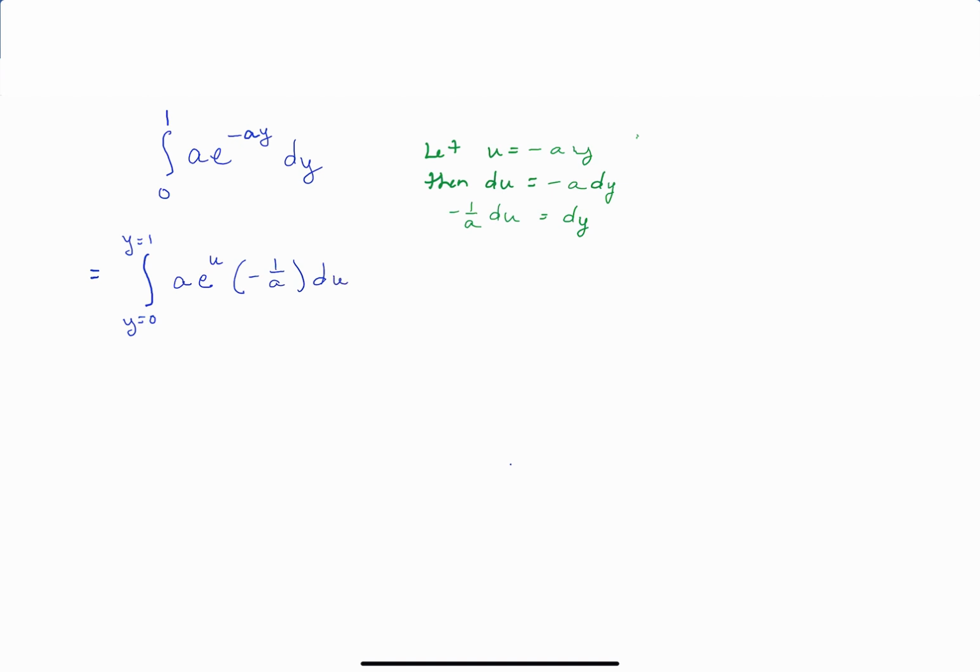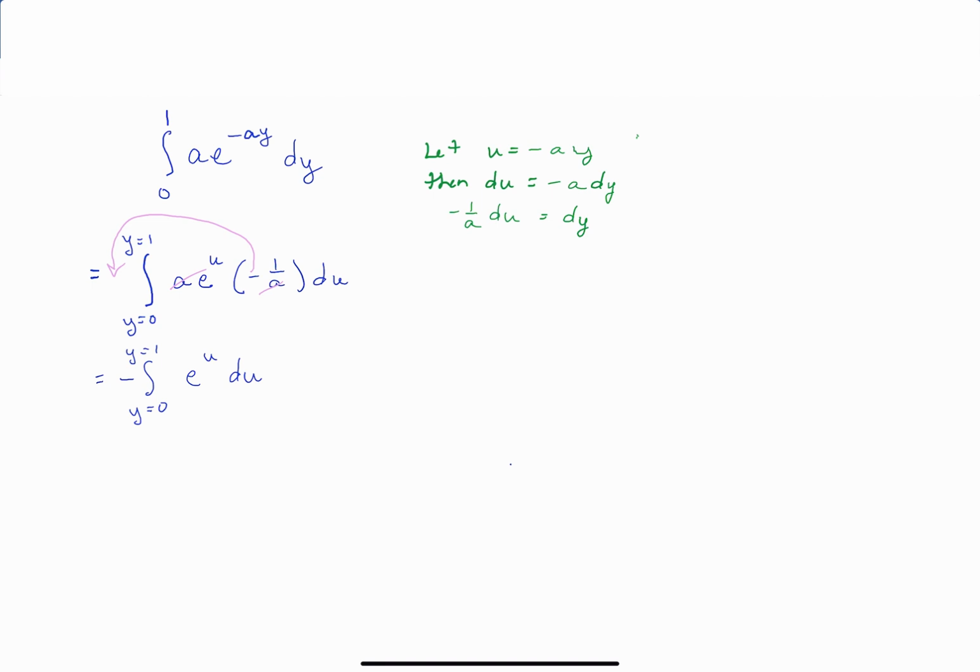Once again, the constants cancel and the minus sign can come out front. At this point then we have the definite integral from 0 to 1 of just e to the u du, except again I forgot that minus sign out front.